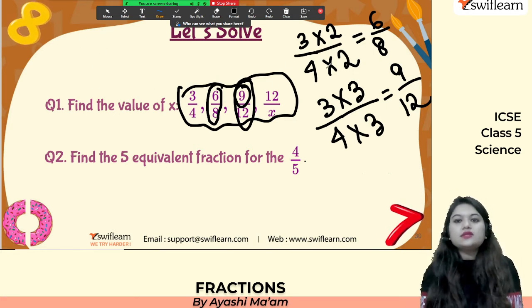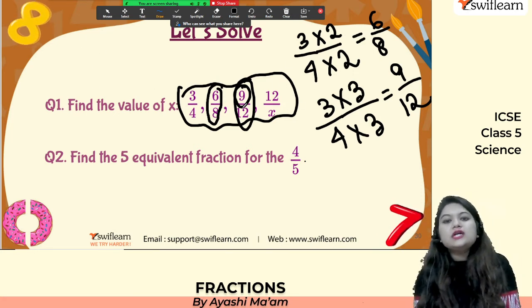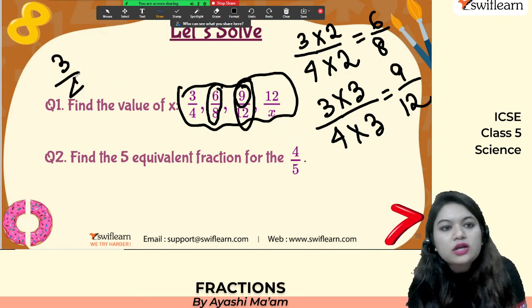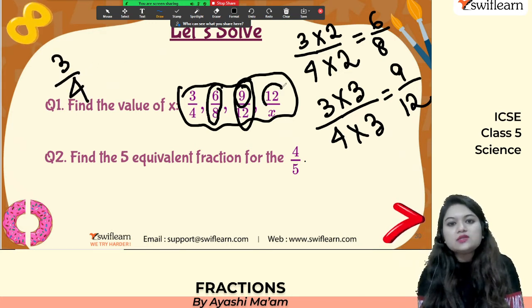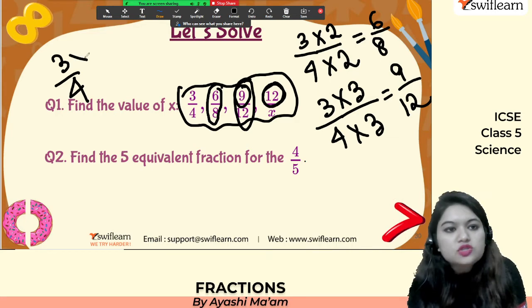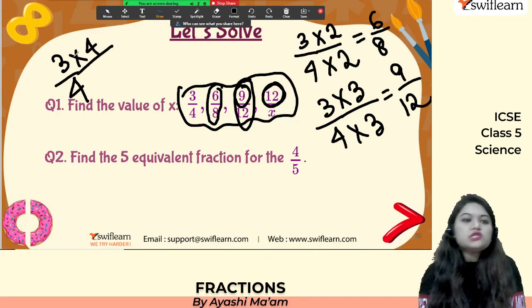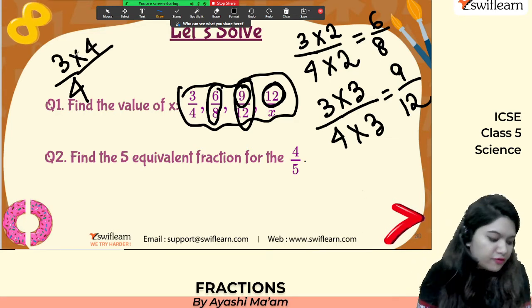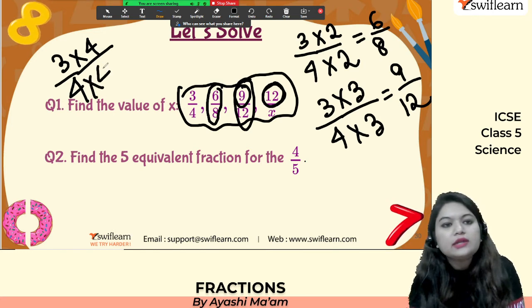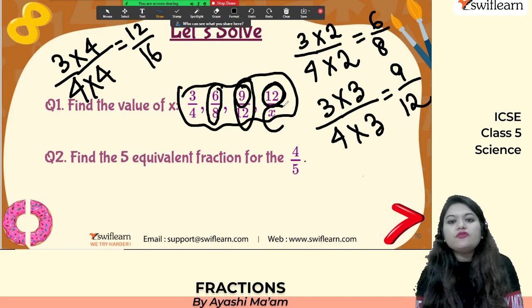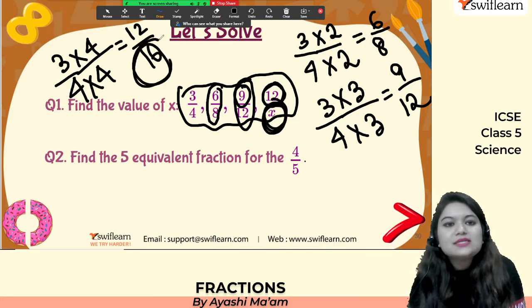Next, that means what? This is going sequentially. 2, 3. So for the next one, let's take 4. And also we have a hint, right? It is already given, 12. That means what? 3 times 4. Because we are multiplying the numerator by 4, we also have to multiply the denominator by 4. So it is going to give us 12 by 16. Therefore, the value of x is going to be 16.